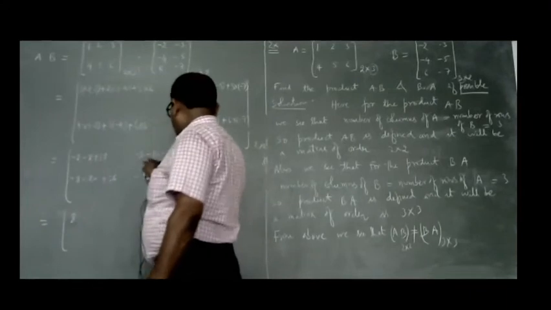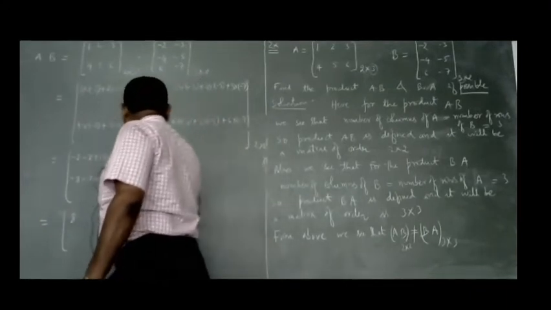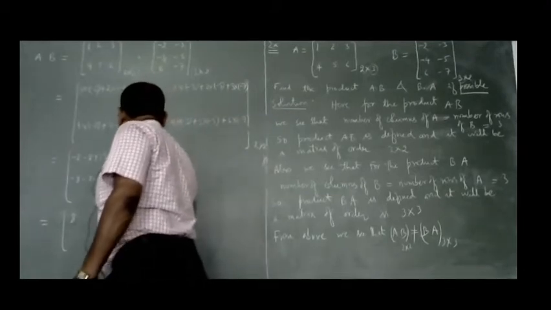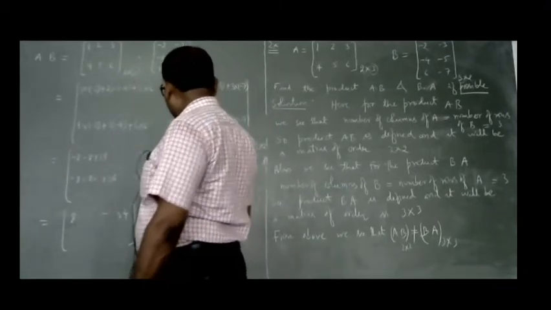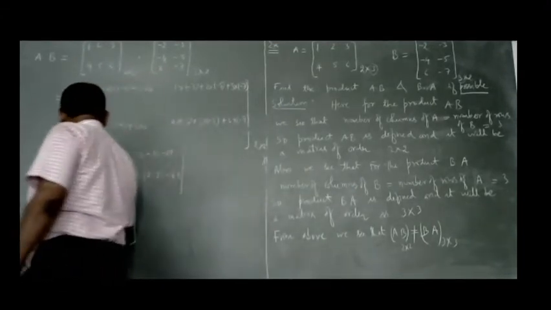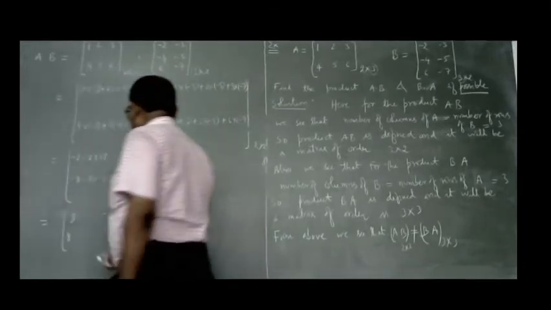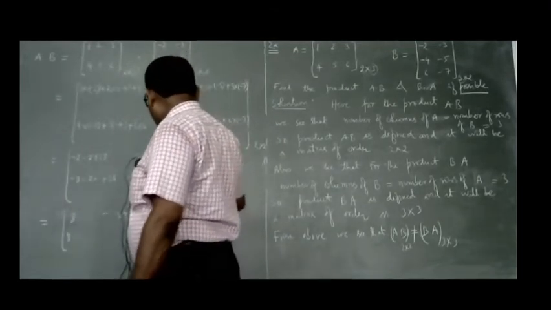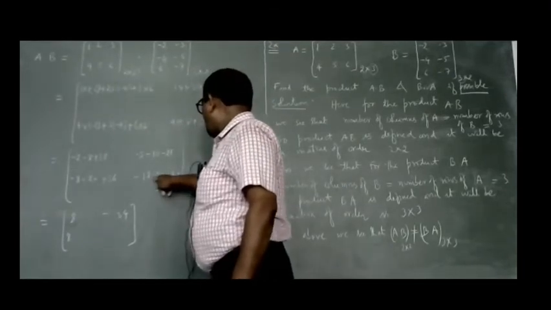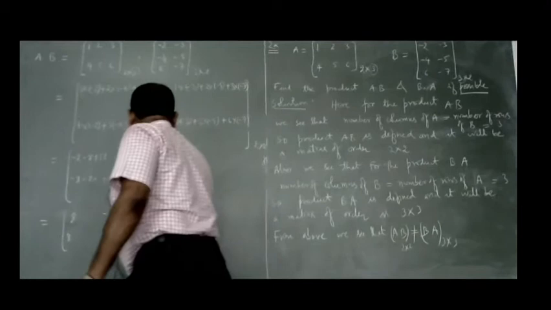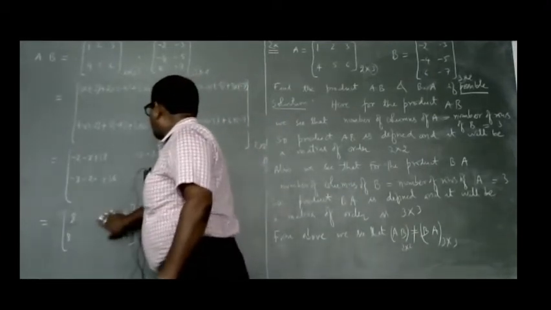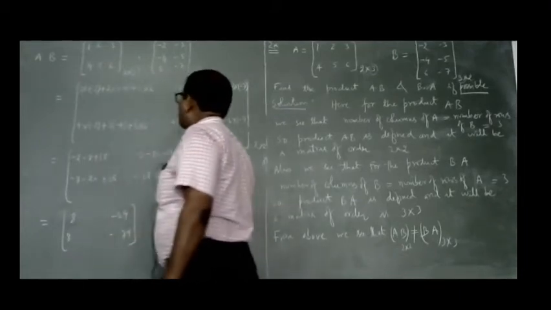Here is minus 314, 213, 34, and minus 28 plus 36, 8, and here is 42, minus 34. This is the answer.